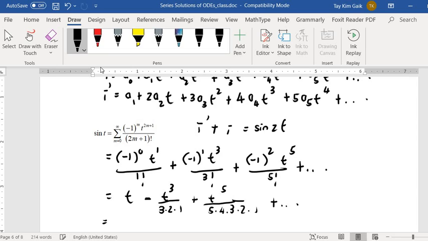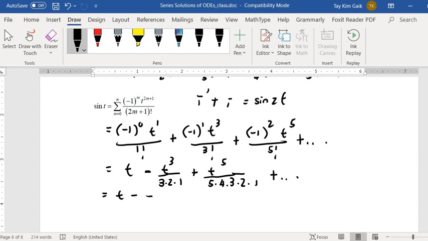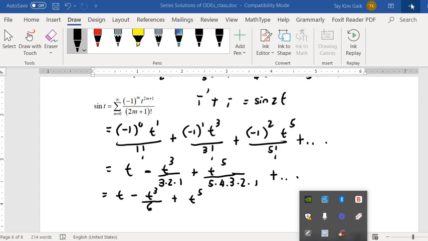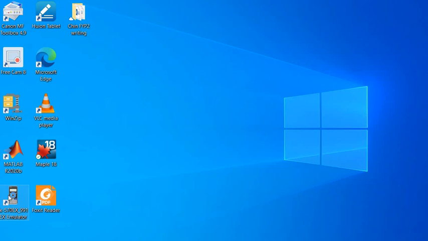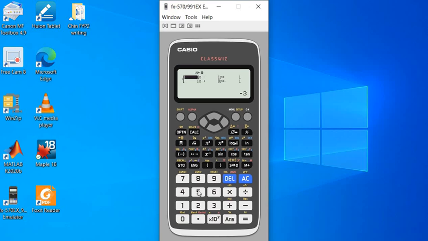So you should get t minus t cubed over 6, plus t power 5 over 120.